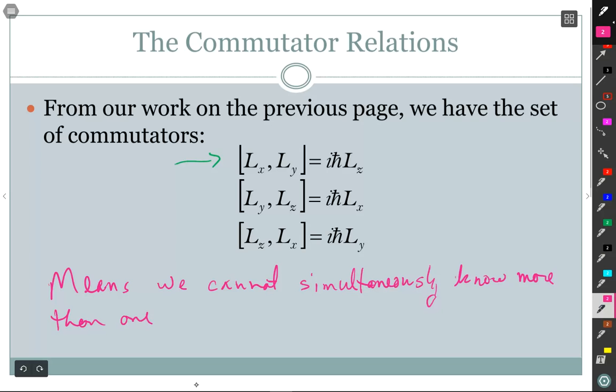That's a limit on knowing more than one component of the angular momentum. Well, that's a little disappointing. A little disappointing that you can't simultaneously know Lx, Ly, and Lz. But the math is clear. It's not ambiguous. You can't know them at the same time.